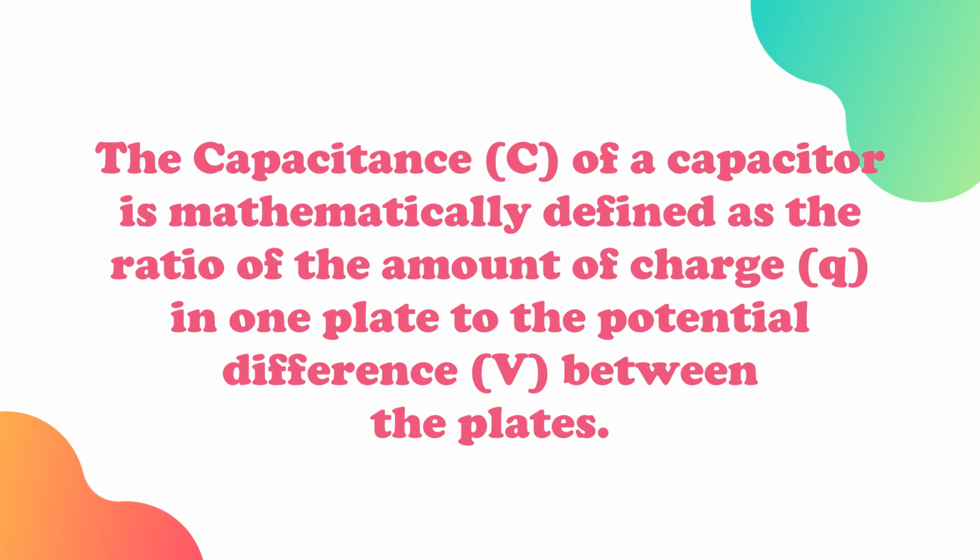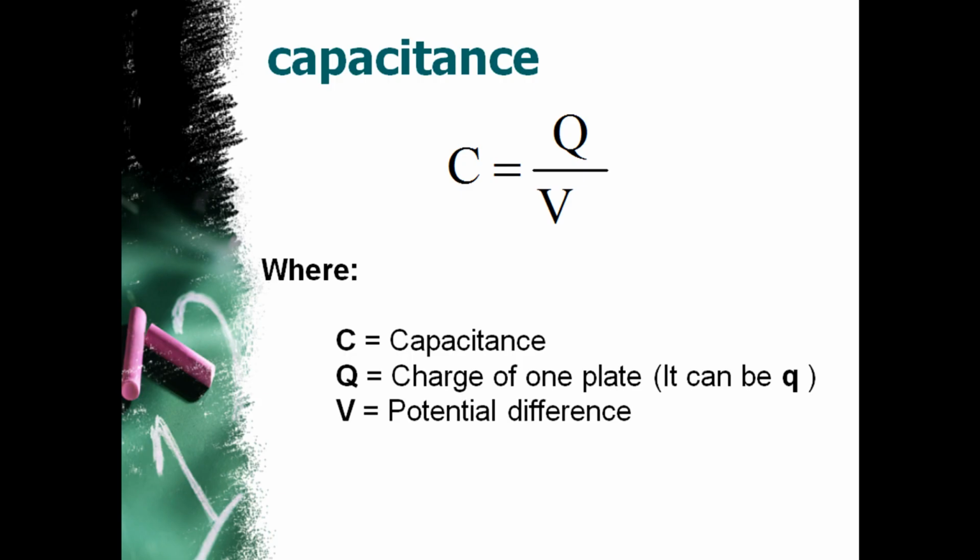And the formula is like this: C equals Q over V, where C is the capacitance, Q denotes the charge, and V denotes the potential difference. So kindly take note that capacitance is always positive.